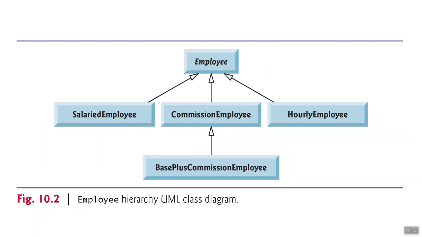Basically, what we're going to see is we use the keyword abstract when we define the employee class. And we'll also see that abstract classes have one or more abstract methods inside of them. So abstract methods are like concrete methods at the beginning, where you have the name of the method and what parameters it takes, but they don't actually have an implementation.